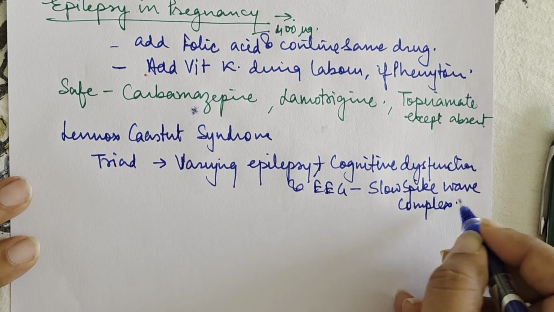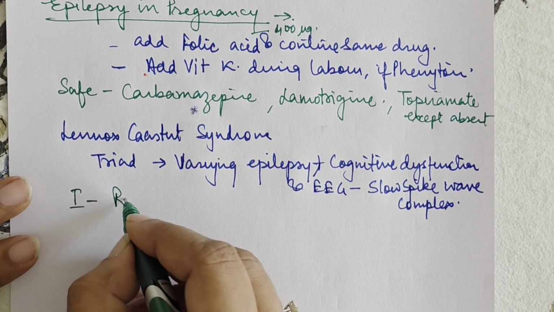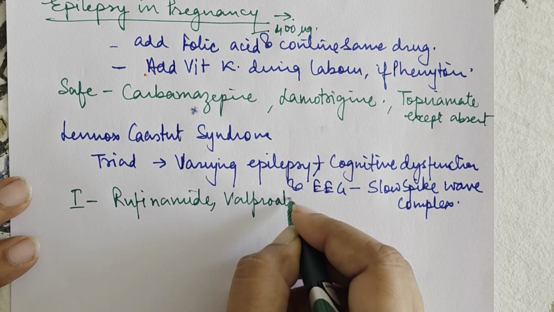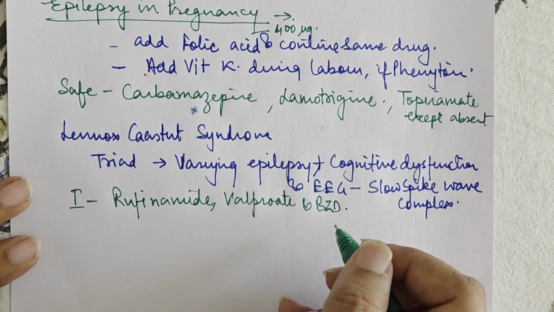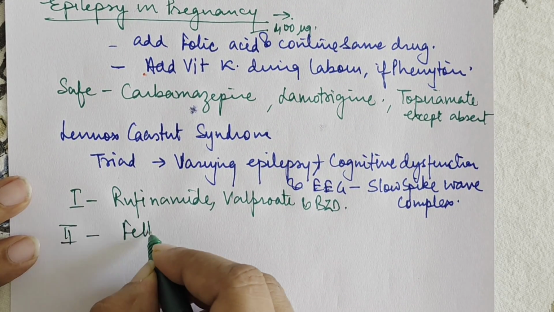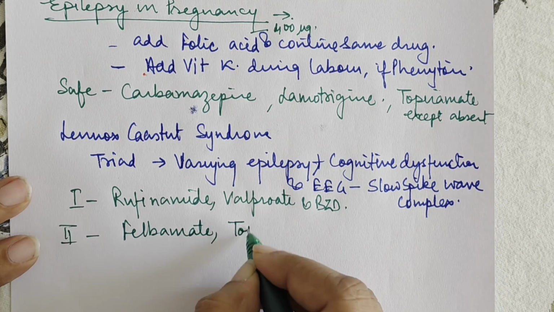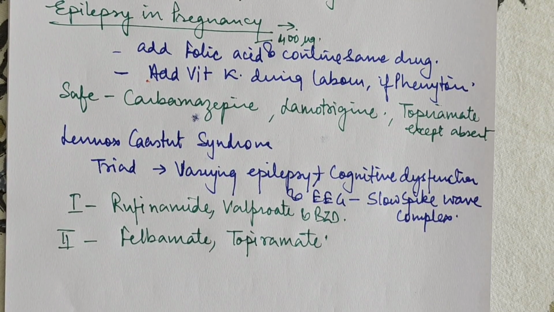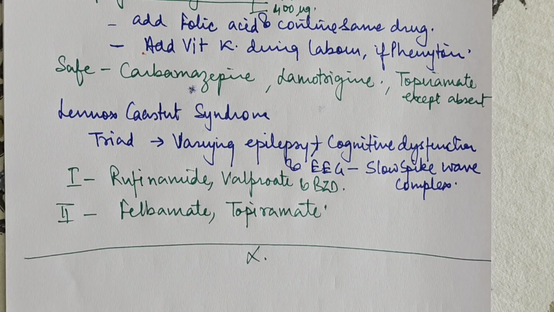This is very specific in EEG. The first line drugs that we give are rufinamide, valproate, and benzodiazepines. Right? Second line drugs are felbamate and topiramate. Okay? So this is Lennox-Gastaut syndrome. So with this, we complete the epilepsy part of CNS.